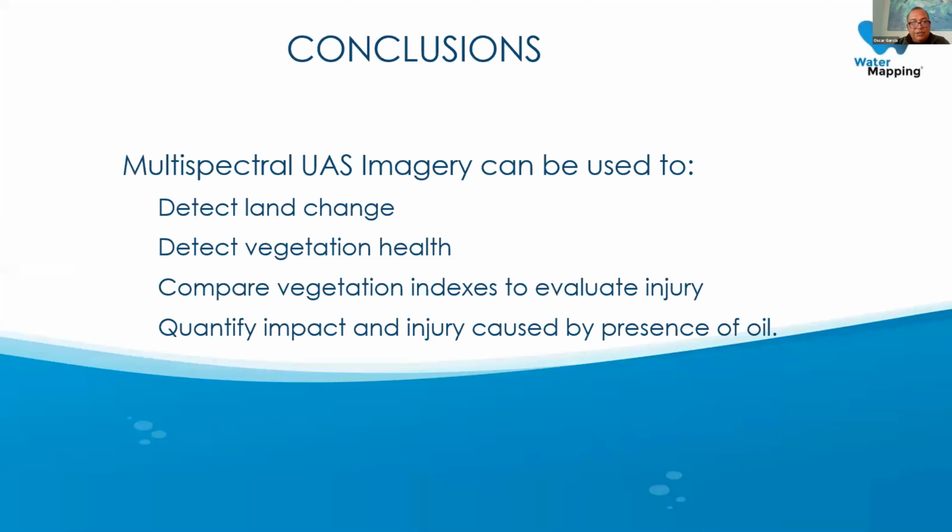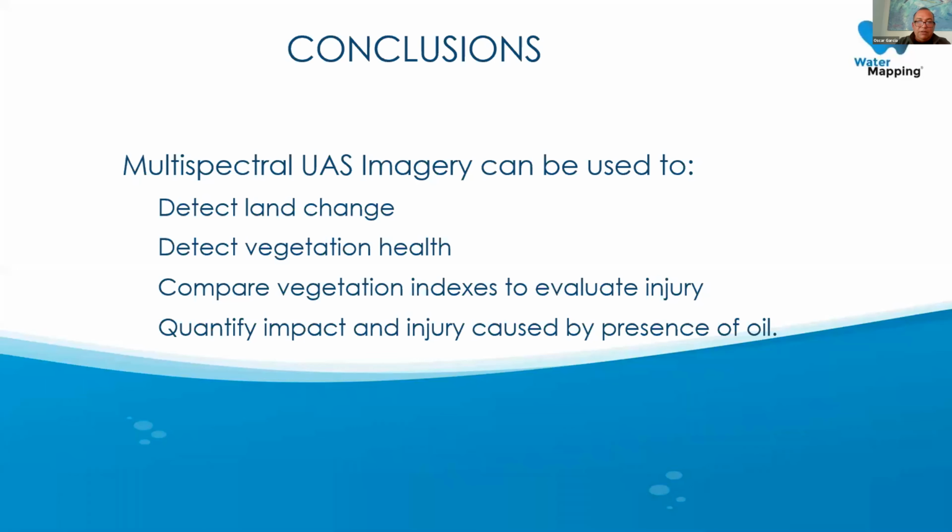Okay, so conclusions. Multispectral UAS imagery can be used to detect land change, as you saw before. I want to point out that for land change, the near infrared channel is the one that shows the highest contrast between land and no land, so I used that channel to detect the boundary of the land.